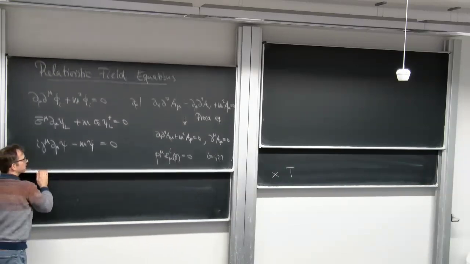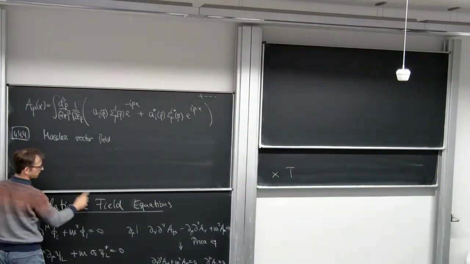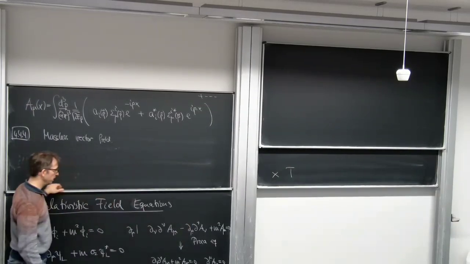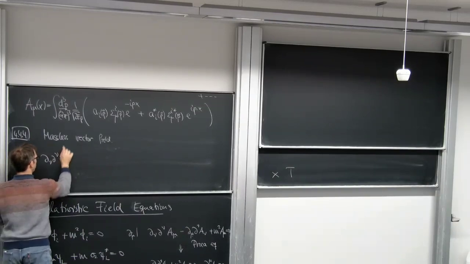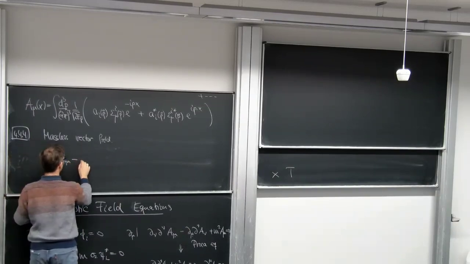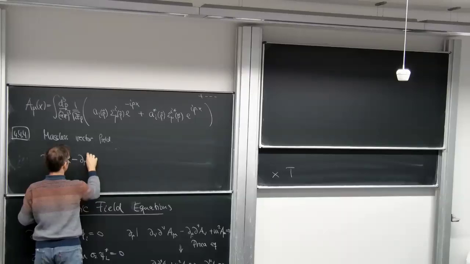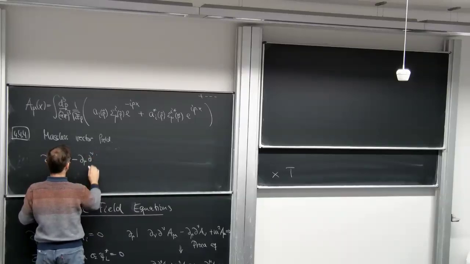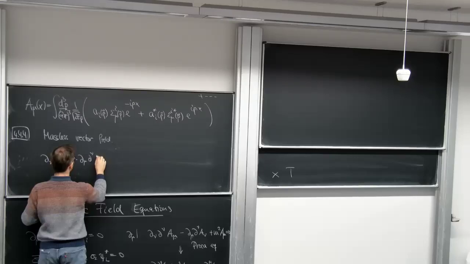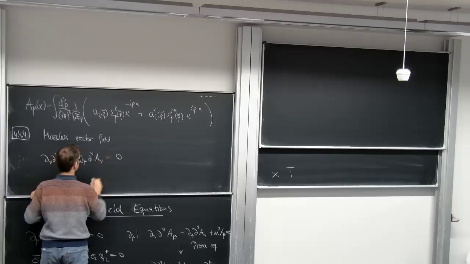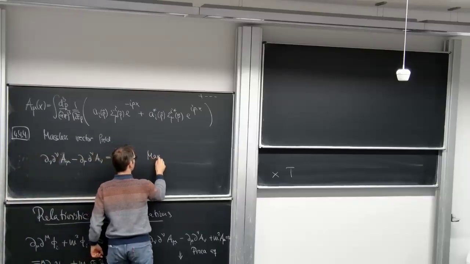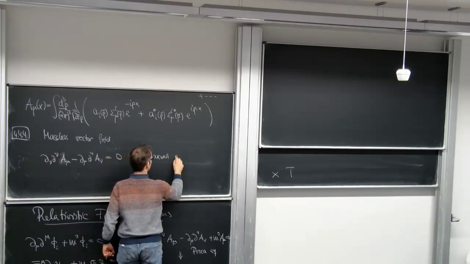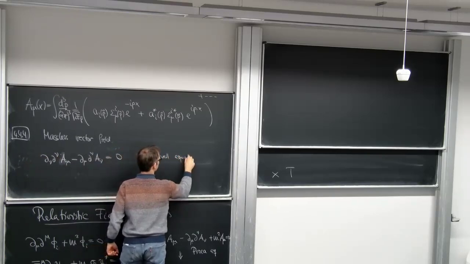We can, of course, set in the Proca equation m to 0. Then we have d mu d mu a mu minus d mu d mu a mu equals 0. And that's called Maxwell equation.